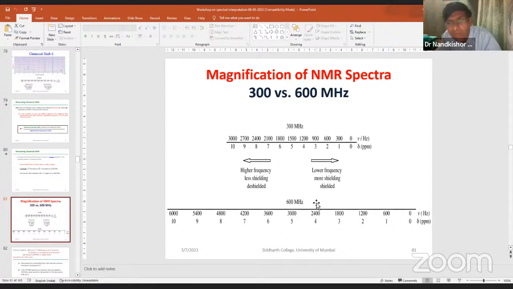In simple terms, if you use a higher magnetic field, the instrumental frequency will be higher, and ultimately the resolution of the spectrum will be better. The higher the instrumental frequency, the better the resolution you will get. With a lower frequency instrument, the peaks will be very concentrated, appear in second order, and compact together. But if you use a higher frequency, obviously there will be better resolution and you can easily read out the spectra.